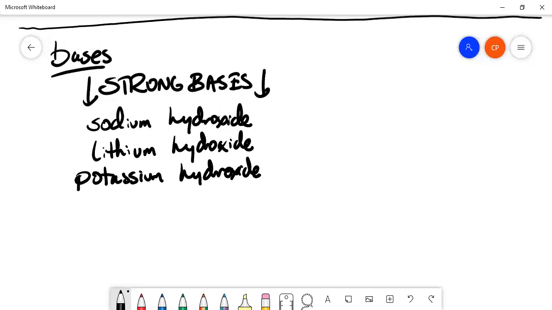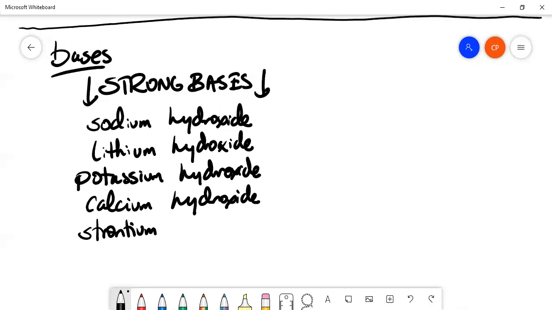And then we'll have 3 bases that are associated with the alkaline earths. And down the periodic table there, calcium is the one that we'll come across its highest up. And then we go down further to places we don't normally go on the periodic table. We go to strontium hydroxide. And we go to barium hydroxide.